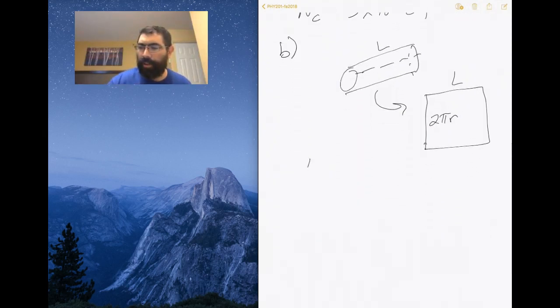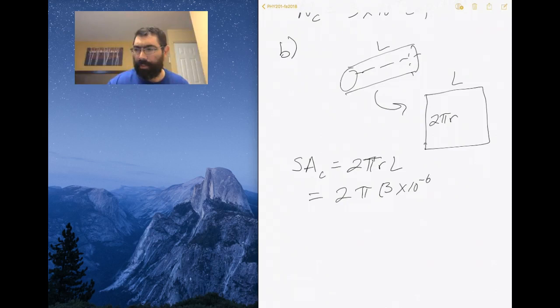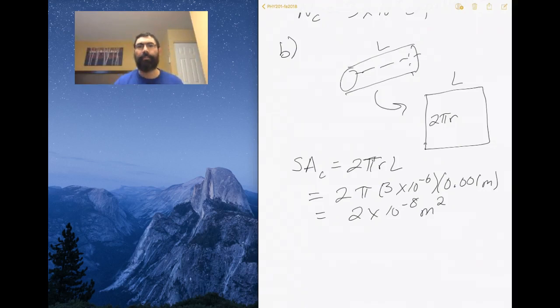So the surface area of a capillary is 2 pi times the radius times the length, which we can calculate for a single capillary as 2 pi times 3 times 10 to the minus 6 times the length of 1 millimeter. That comes out to 2 times 10 to the minus 8 meters squared. So that's the area of a single capillary.